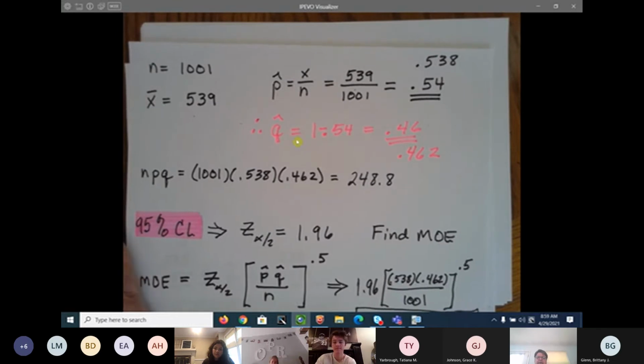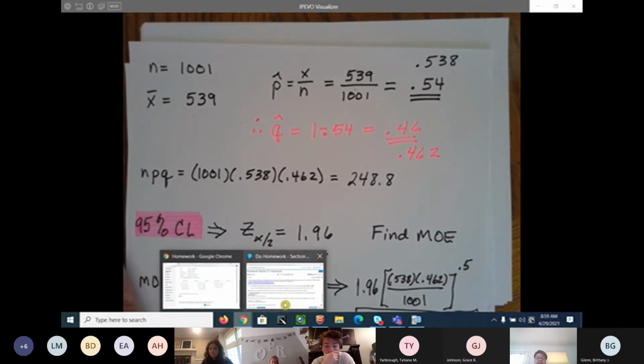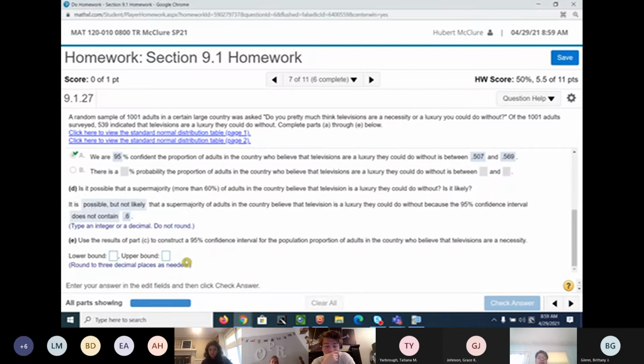So if we say that P hat is 0.54 and Q hat is 0.46, then what do they want us to do here? They want us to do the same thing. But the only difference is it's going to be like 0.4, the upper bound, so that'll be this.